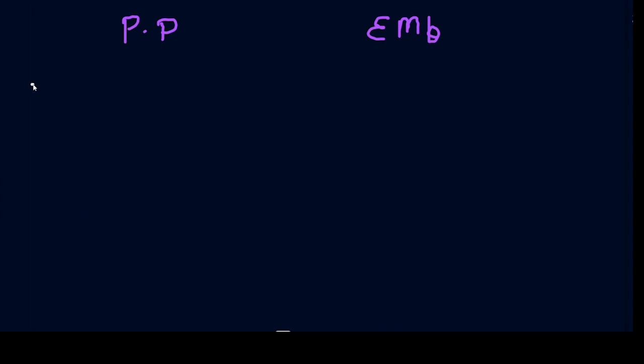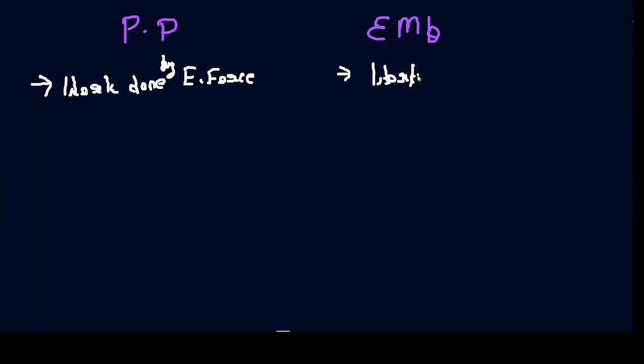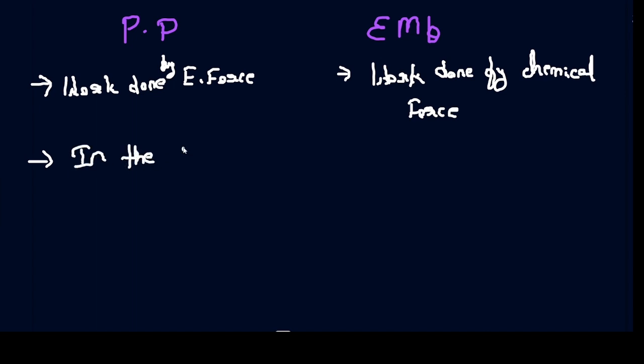First, let's start from the definition. Potential difference is work done by the electric field, or electric force. But in EMF, it is work done by chemical force. And you can see potential difference in the conductor, in the circuit, but you can see EMF inside the battery.